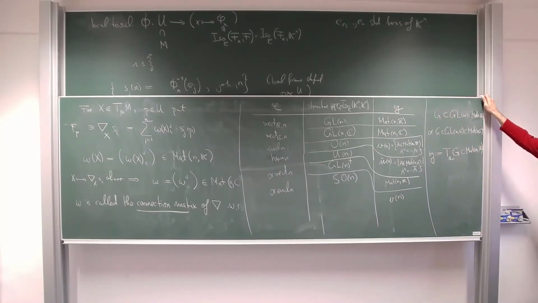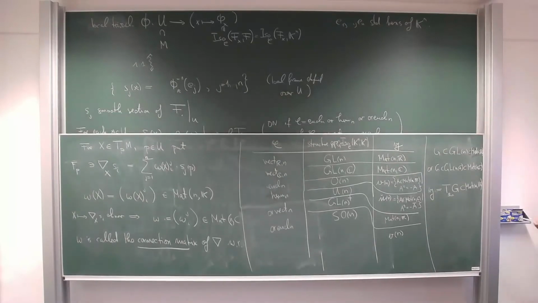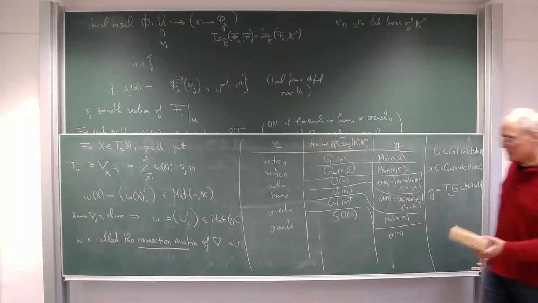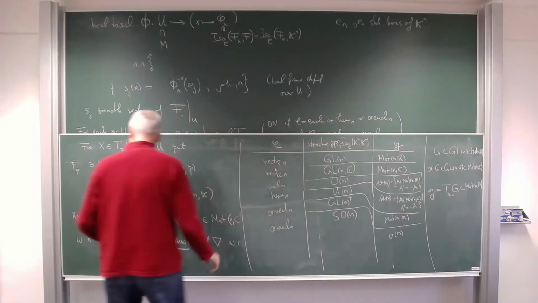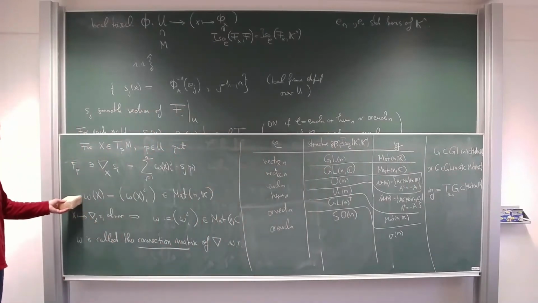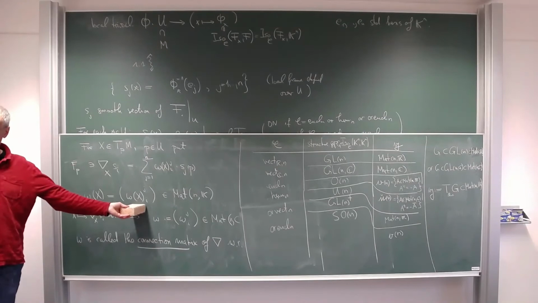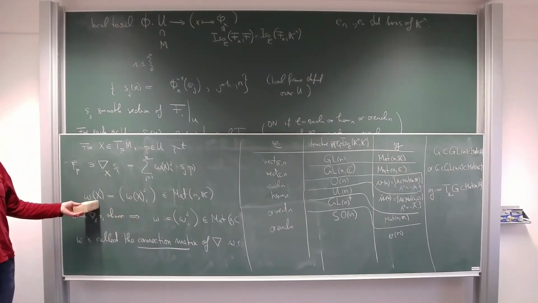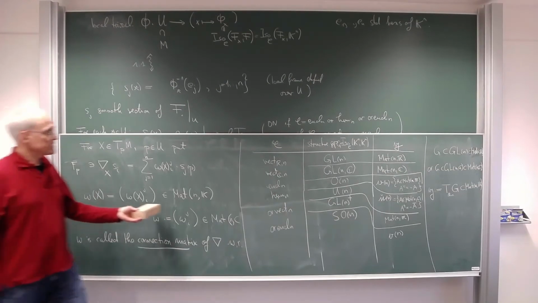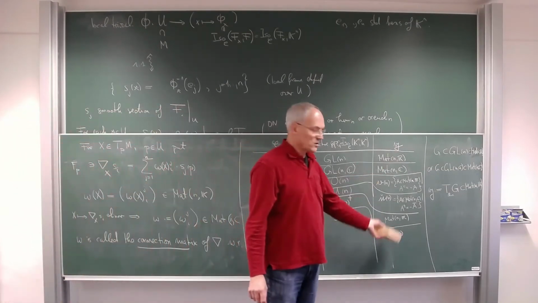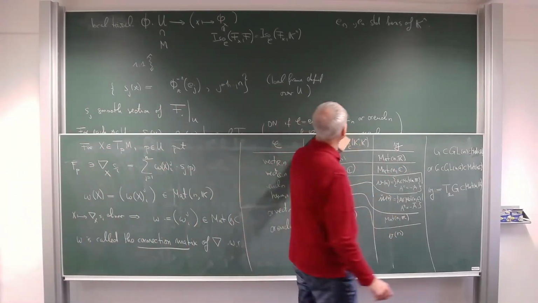Why am I mentioning this? Because I'm talking about this connection matrix, and the fact that this matrix is coming from a G connection should somehow reflect in the structure of that group that I get here, and that's in fact true. Namely, it turns out that the matrix that we get this way is always contained in the corresponding Lie algebra. Okay.